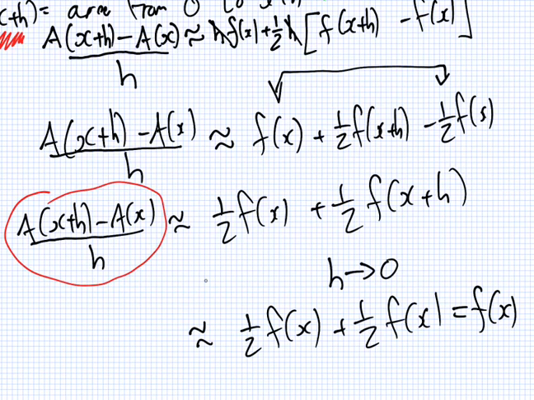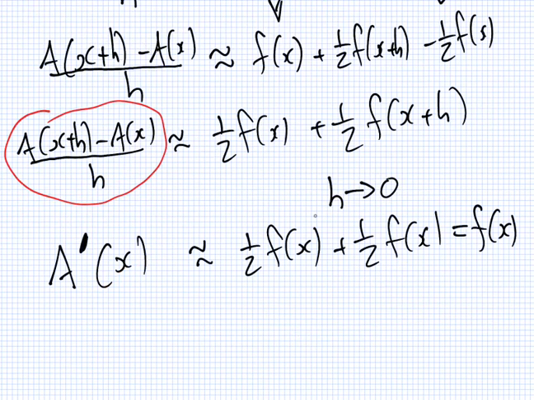Very true. Think back to your lesson about first principles. This on the left is the formula for derivative, isn't it? Remember f(x+h) minus f(x) all over h. That's the derivative of f when h goes to 0. So on the left, this becomes the derivative of A. So you get this result, that the derivative of my area function is equal to f(x).